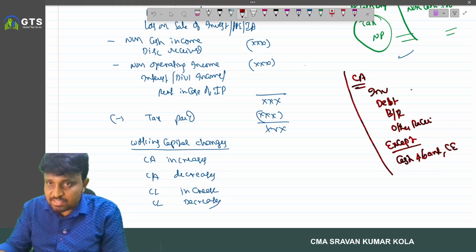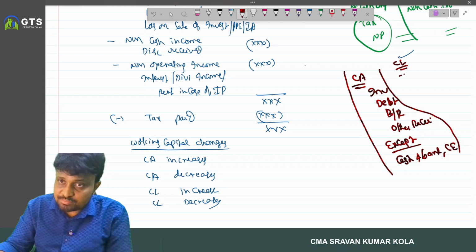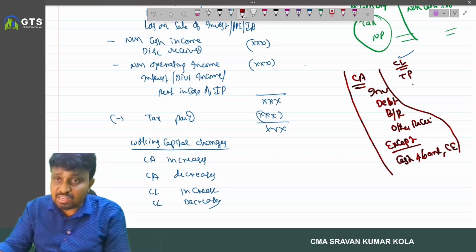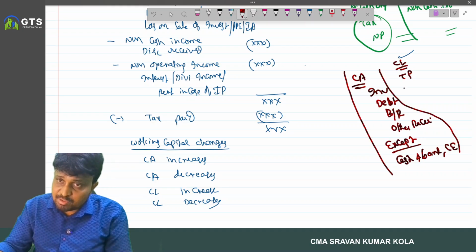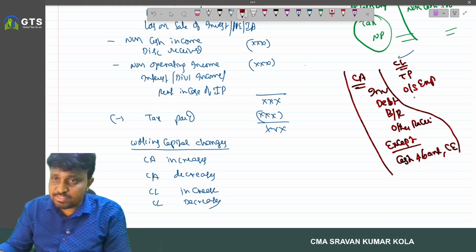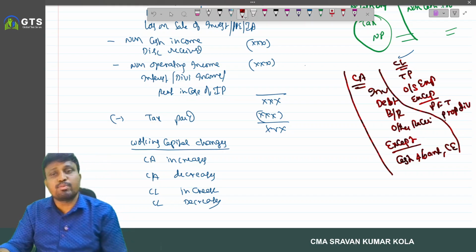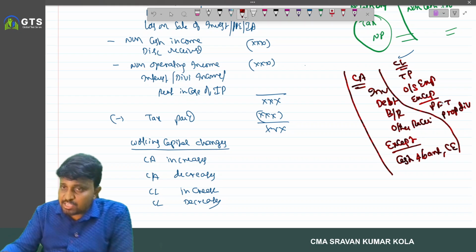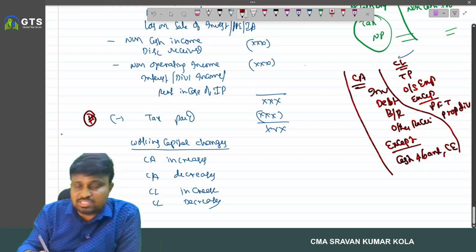And one more thing: in current liability we have to consider trade payables and other outstanding expenses, if any, except provision for tax and proposed dividend, because we consider those items individually.